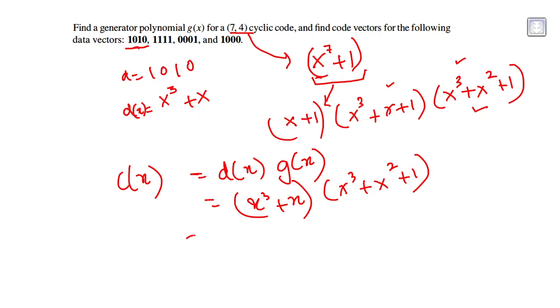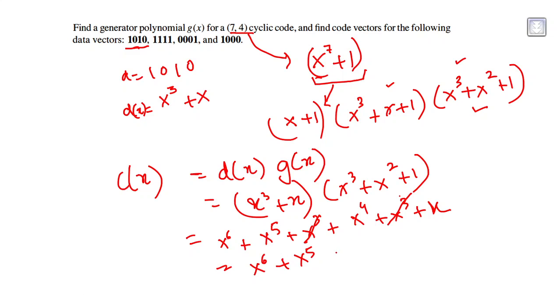So I will be getting x6 plus x5 plus x4 plus x cube plus x plus x. These two will cancel out because mod 2 adders are being used, leaving x6 plus x5 plus x4 plus x.